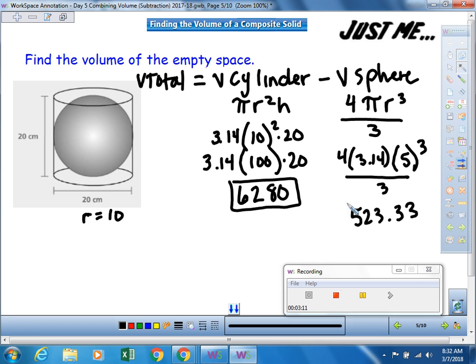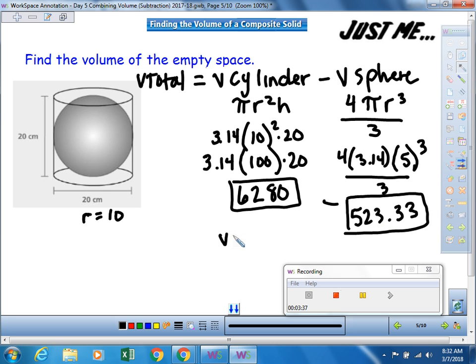Then we're going to take those. So notice which one I put first. I put the larger one first, like the outer one, because we're subtracting. And then the inner one second. So I'm going to subtract 6280 minus 523.33. What do you get?